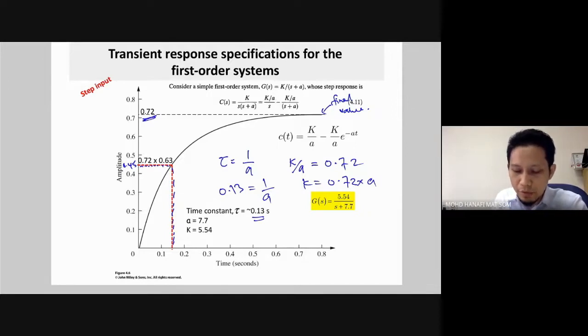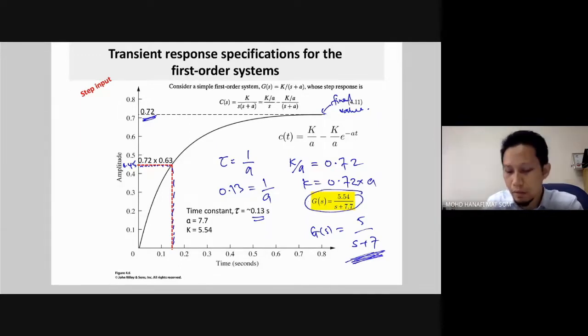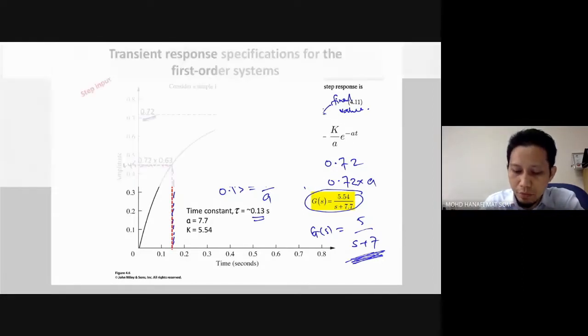Basically, this plot, when you plot it on MATLAB, is plotted by the expression 5 over s plus 7. See the resemblance of the actual plot to the calculated transfer function. So 5.54 over s plus 7.7 is more or less the same. 0.63 comes from here.